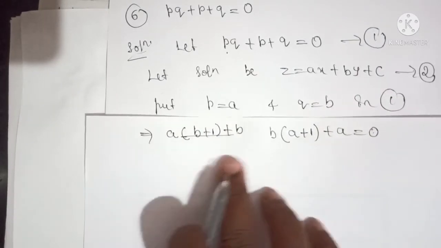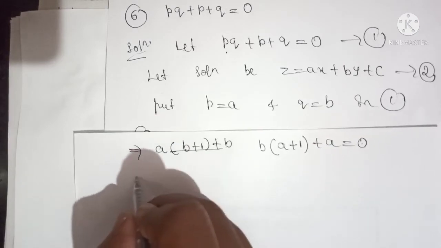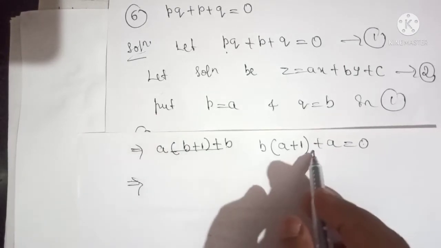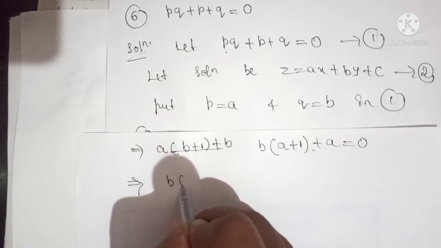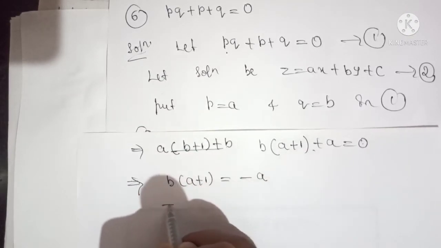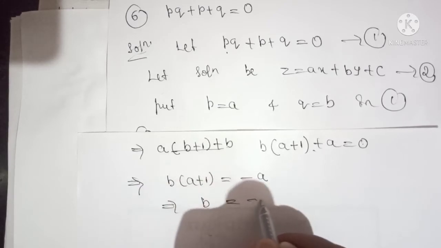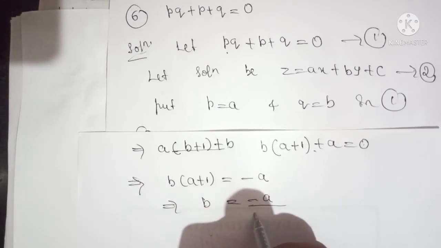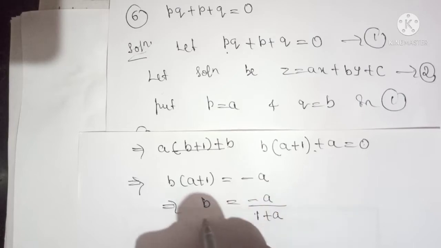We can solve in both ways. So here we get b into a plus 1 equals, we can write, minus a, or b equals minus a divided by a plus 1, or 1 plus a.